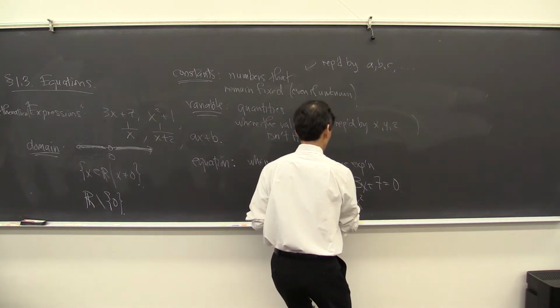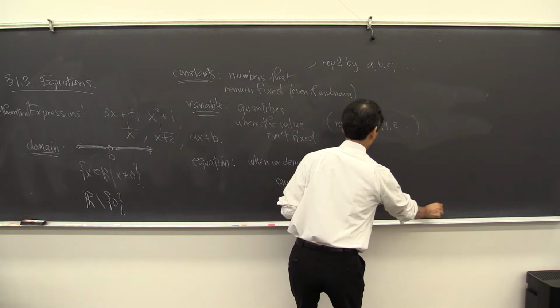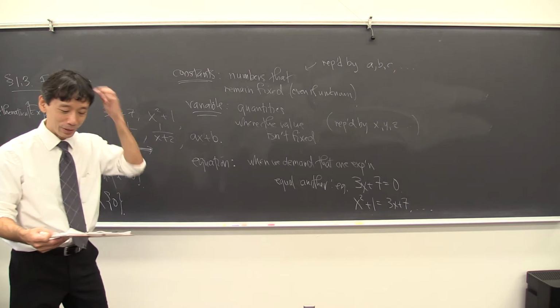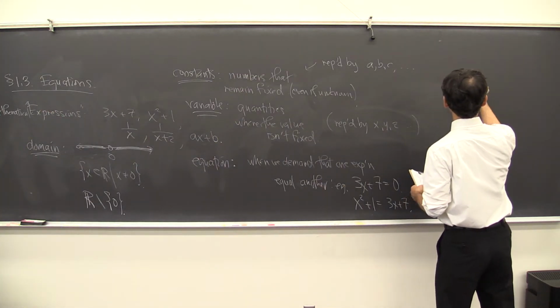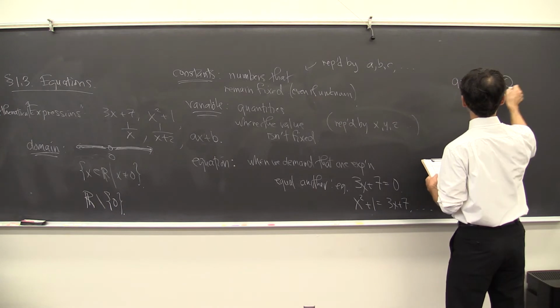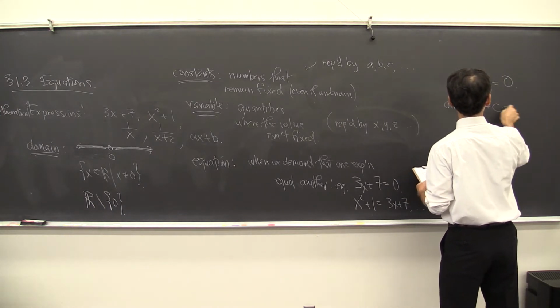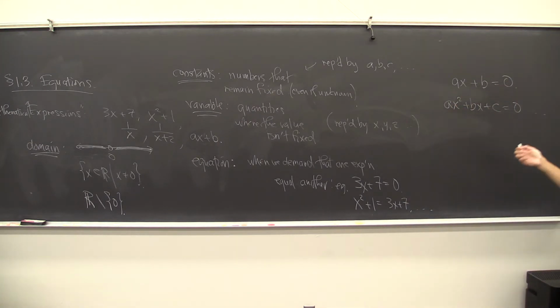I want x squared plus 1 to be 3x plus 7, whatever. So things like this. I'm sure you know all these things. Like ax plus b equals 0, ax squared plus bx plus c equals 0. These are all equations.